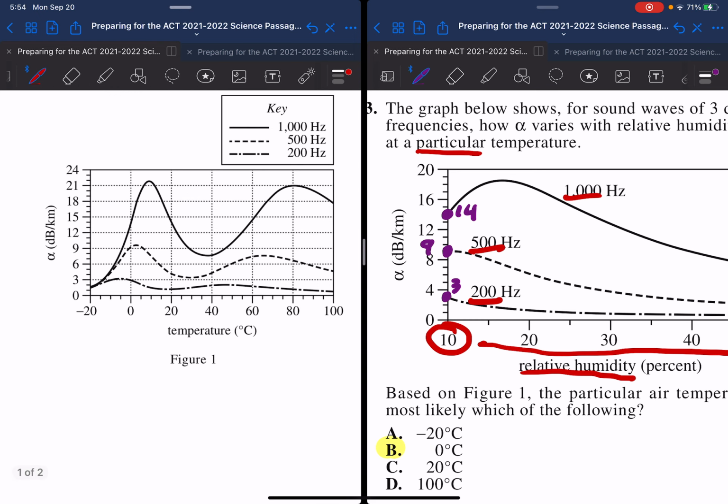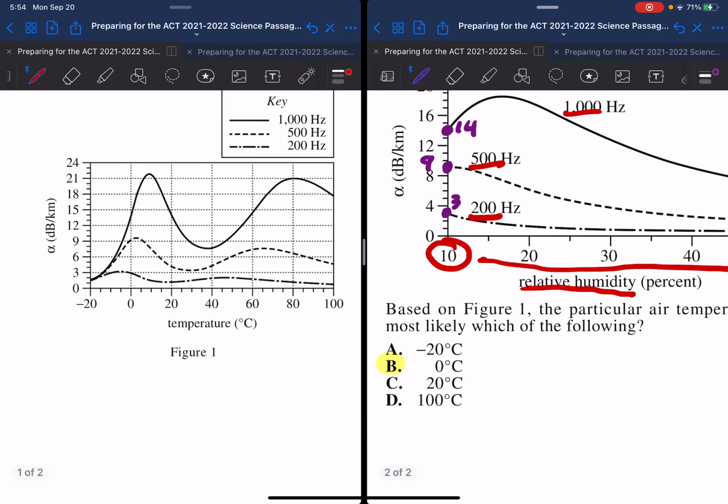Well, we have some options. Is it negative 20 degrees? No, it's not. Because they're all the same. What about 0? So here's 3, here's about 9, there's about 14. What about 20? Here that's about 1, that's about 4, there's about 14. So that one doesn't work.